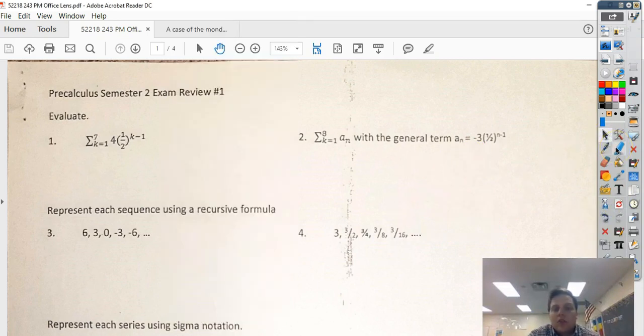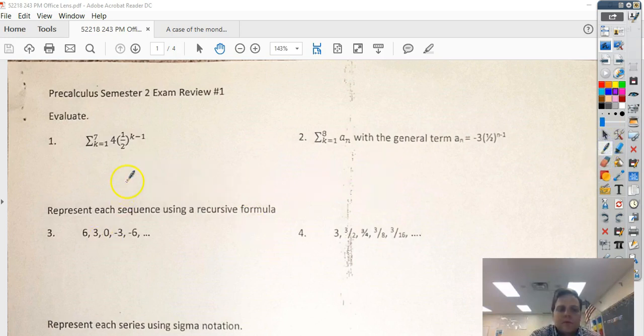Represent each sequence using a recursive formula. You have to remember the recursive formula. My brain's blanking. I wrote that wrong, sorry. Let me start over.